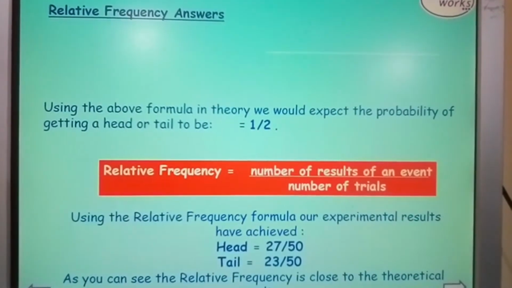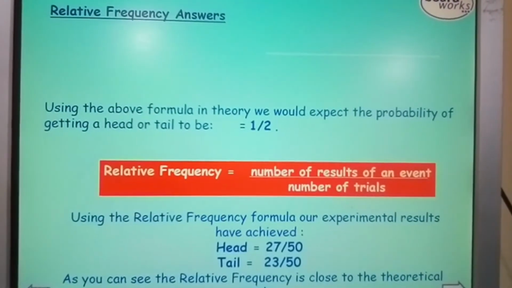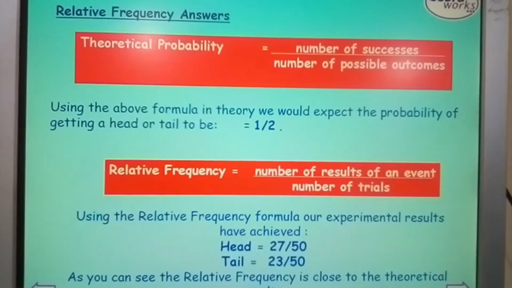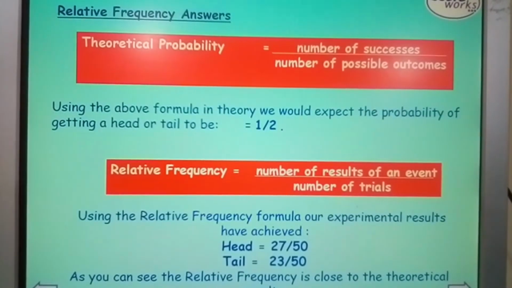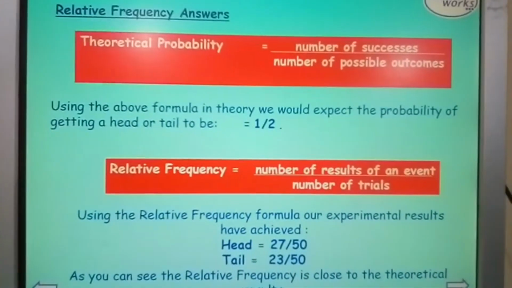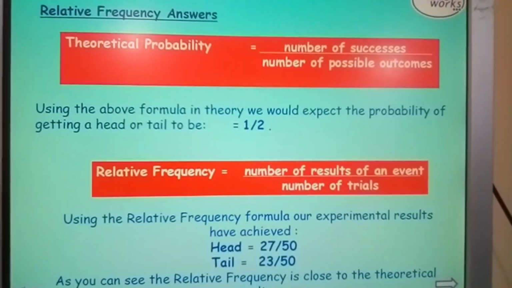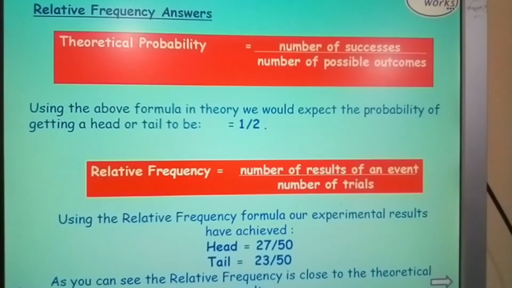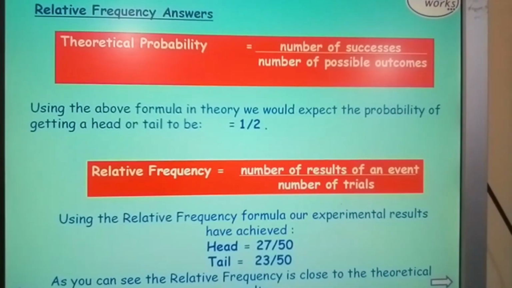Now, relative frequency answer. Using the above formula in theory, we would expect the probability of getting a head or tail to be 1 in 2, because you've only got 2 choices, heads or tails. But relative frequency equals number of results of an event over number of trials.